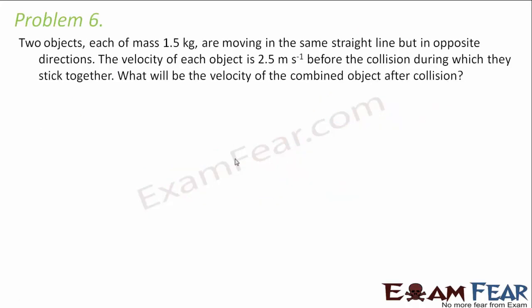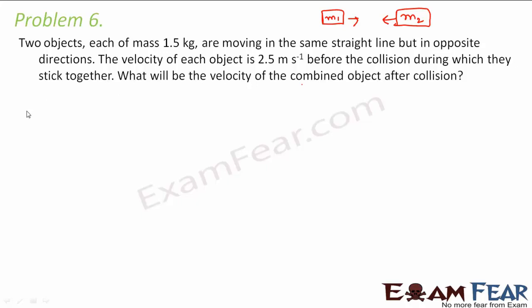So here comes problem 6. Two objects each of mass 1.5 kgs are moving in the same straight line but in opposite directions. Okay, so we have two objects. Let us say M1 and M2 are the two objects which are moving in the same straight line but in opposite directions. The velocity of each object is 2.5 meter per second before the collision, during which they stick together.